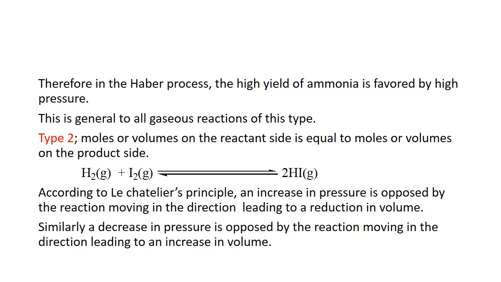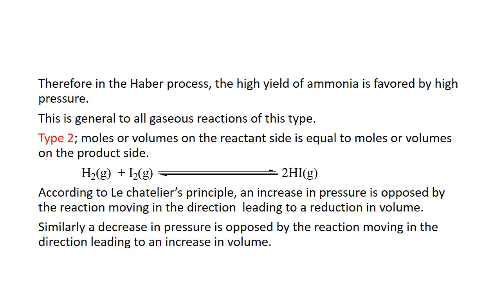When we go forward, we have type 2. This is whereby we have an equal number of moles on both the reactants and the products. For example, hydrogen reacting with iodine to form hydrogen iodide.